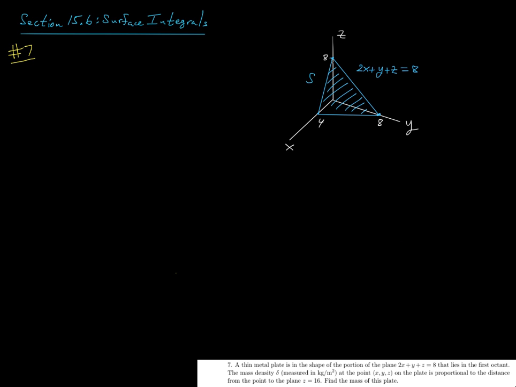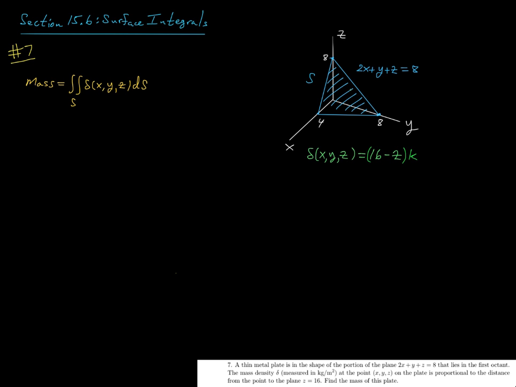All right, so here is a picture of the plate. We have this plane 2x + y + z = 8, and we're just considering the portion of that plane in the first octant. The mass density delta at a point (x, y, z) is proportional to the distance from the point to the plane z = 16, so delta is just 16 minus z.